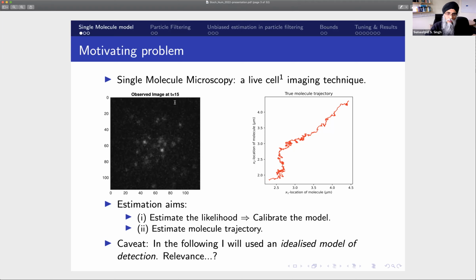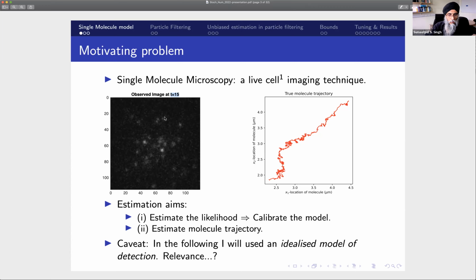They engineer the cells so that certain biomolecules fluoresce when they're excited with a laser light at a particular frequency. And they get these grainy images over time. So this is an image at a particular time, say T15. And given these images, they try to uncover the motion of those molecules on the surface of the cell. And that informs the biology they're actually studying at that time.